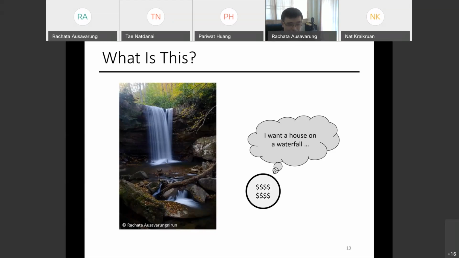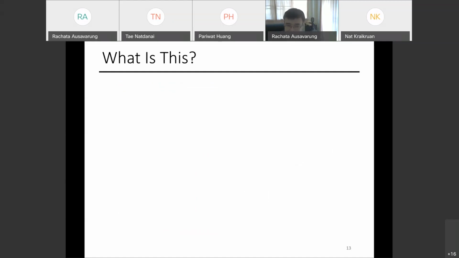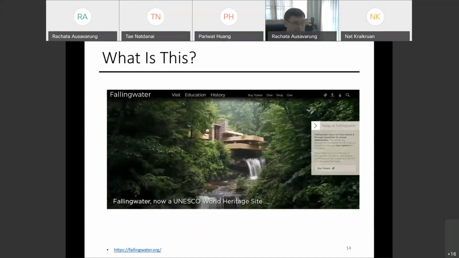Like building a house on a waterfall. So it's actually a part of the job of an architect, right? The architect has to think about, okay, with this crazy goal, if I want to take his money, I mean, at the end of the day, people still charge for that, right? If I want to take his money, how can I build a house on a waterfall?